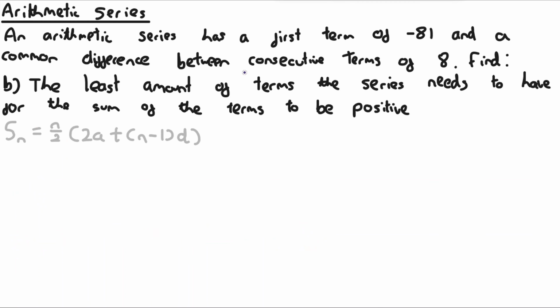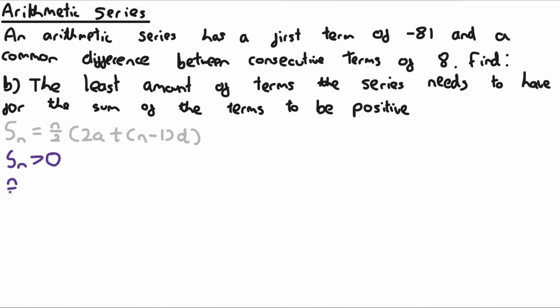So for part B, we need to find the least amount of terms the series needs to have for the sum of the terms to be positive. So what this question is actually asking is we need to find the smallest value of n, because we need to find the least amount of terms. So the smallest value of n for which Sn is positive. So therefore Sn is bigger than 0. So as Sn is equal to this, it's going to be when this is bigger than 0.